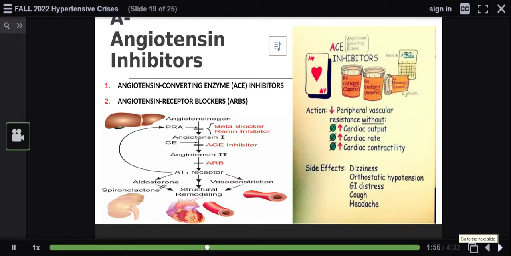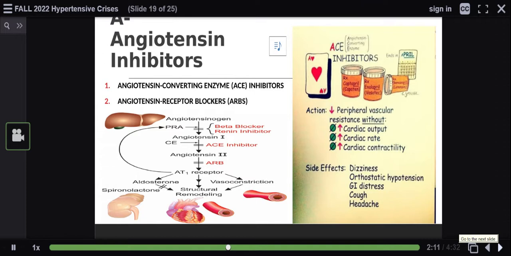These drugs will decrease peripheral vascular resistance without any changes in the cardiac output, or rate, or contractility. So basically, just the blood pressure.